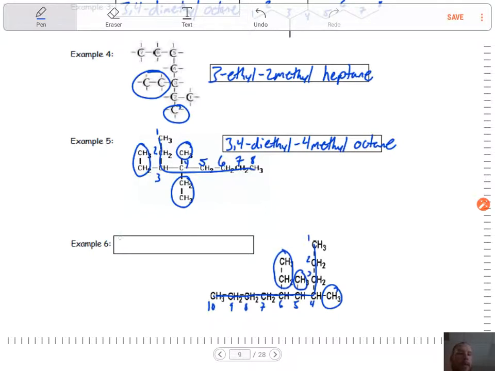So this is going to be 6-ethyl, and then I've got 2 methyls, so it's going to be 4,5 dimethyl, and then decane. Okay? This takes practice, guys. You've got to put some time in. Again, using the prefixes, table P and table Q are going to be your biggest helps.